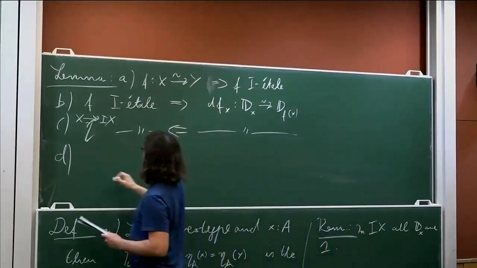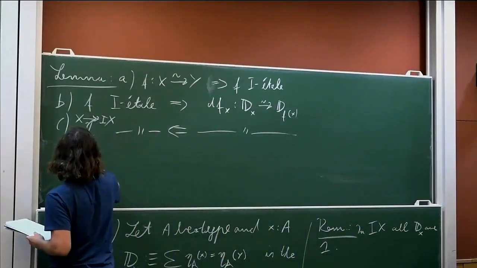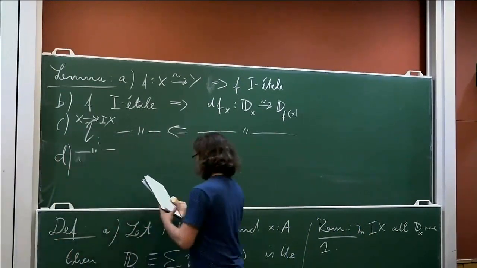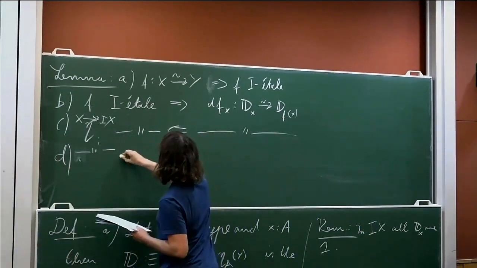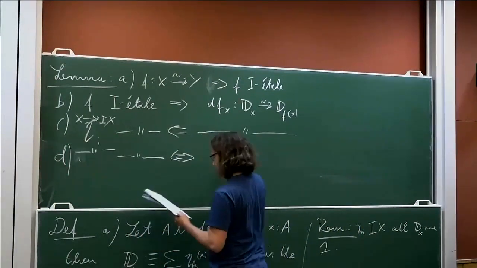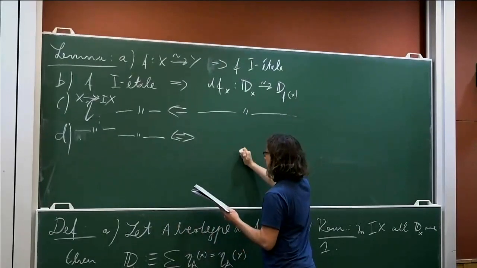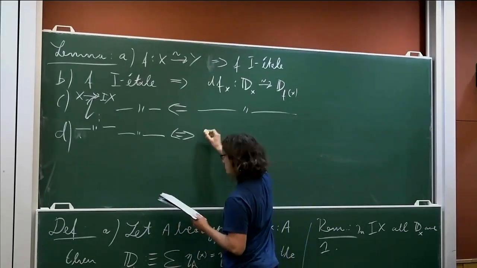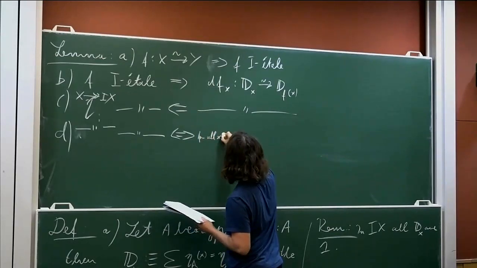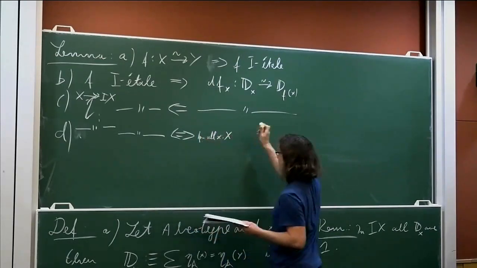So again, if you still have this condition, then you have F is I-étale, so same thing here, if and only if, it's again for all X, and X suppressed here.